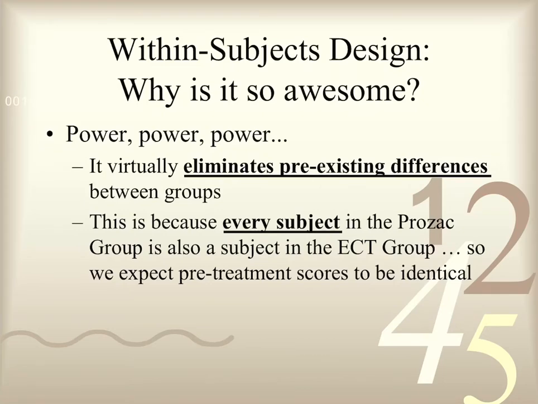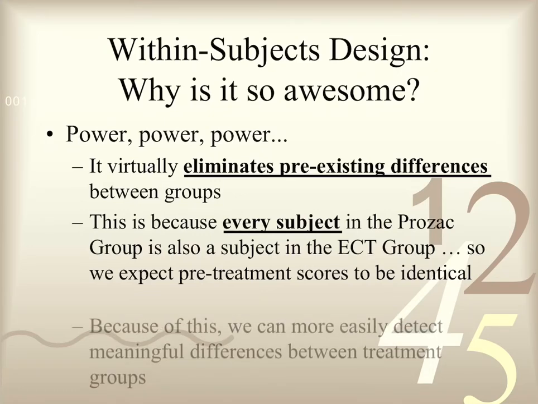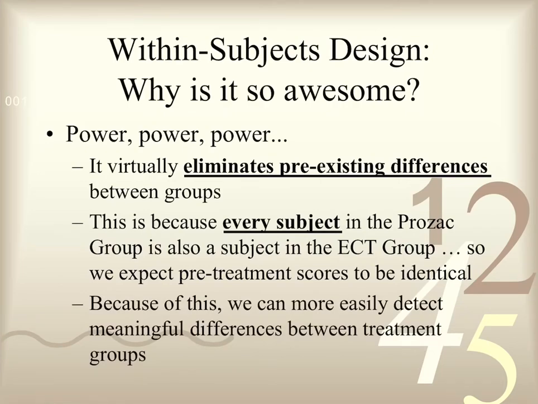They both have the same genetic makeup because they're the same person. They both have the same childhood because they're the same person. They both have the same 4th grade experience because they're the same person. And so because of this, we can more easily detect the meaningful differences between our treatment groups. And by meaningful differences, what we mean here is the differences due to our manipulation.